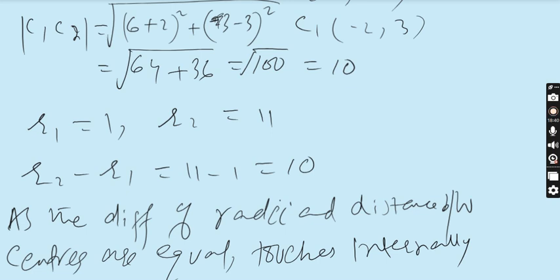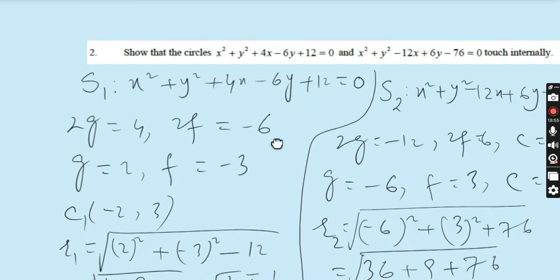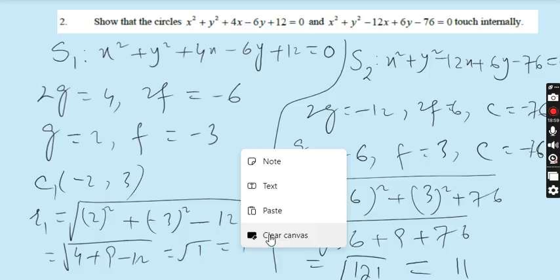You can write more probably, no issue, shown. And this was the requirement. If the difference between the radii and the distance between the centers of both the circles are equal, then the circles touch internally. Move to next question.